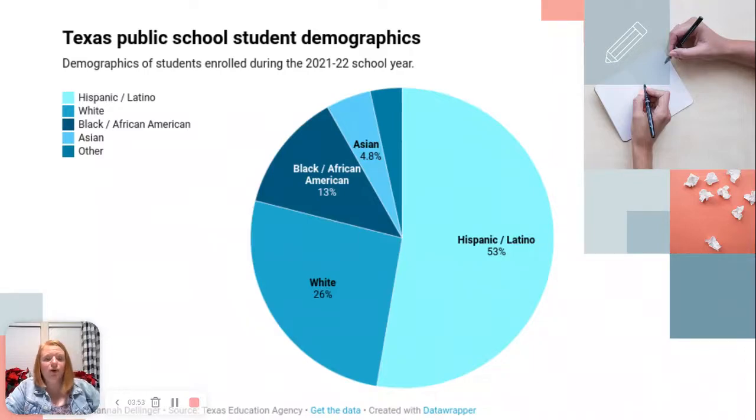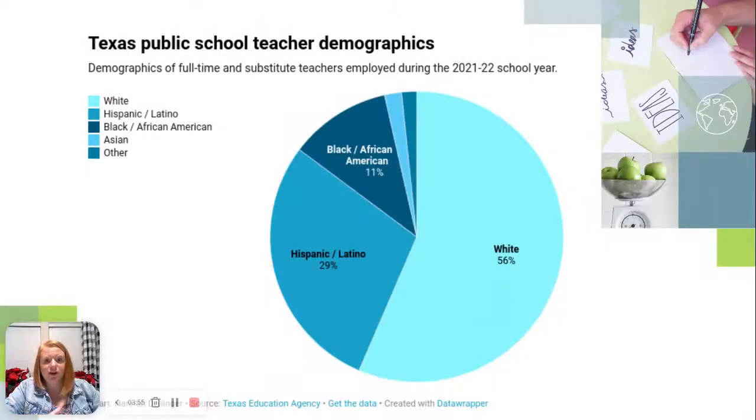Now, if you go ahead and look at our next pie graph, you can see that this is the demographic of full-time and substitute teachers employed during the 2021-2022 school year. And you can see that the majority of teachers, whether they be full-time teachers or substitute teachers in Texas last school year, the majority, 56% white.